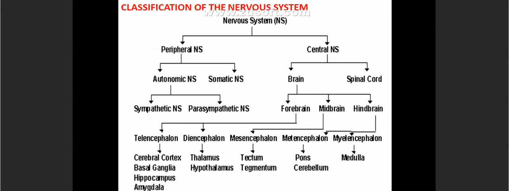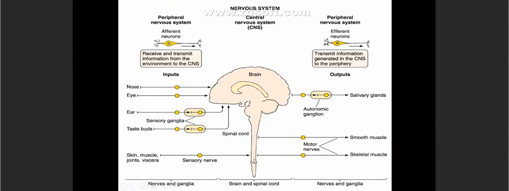Let's look at the peripheral nervous system. The whole CNS, brain and the spinal cord. Okay, sensory nerves go toward the CNS from the nose, the eye, the ear, taste buds, skin, and so on. There are also motor nerves going away from the CNS to the salivary glands, smooth muscle, skeletal muscle, and so on.